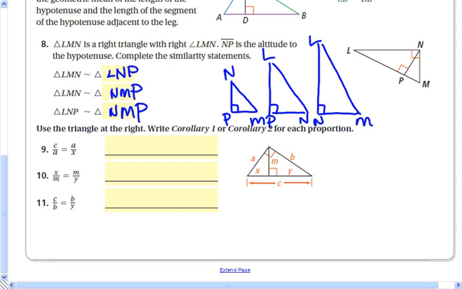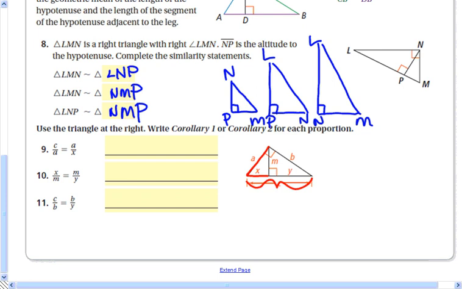Corollary 2 is where the hypotenuse of each of those smaller triangles is the geometric mean of the leg from the hypotenuse of the big triangle to the length of the whole hypotenuse, the adjacent part of that.